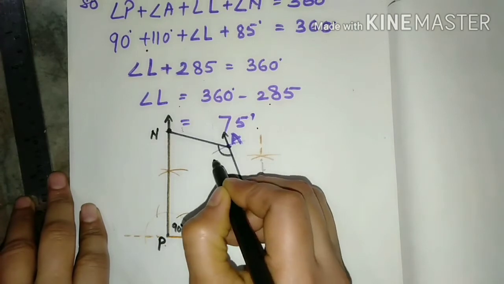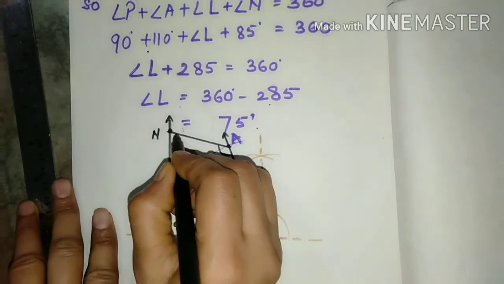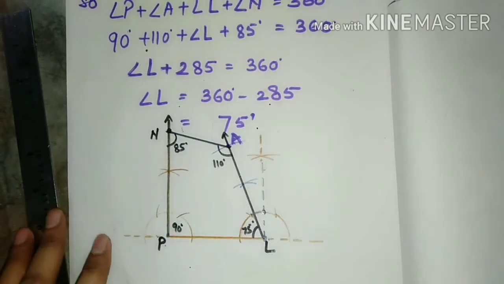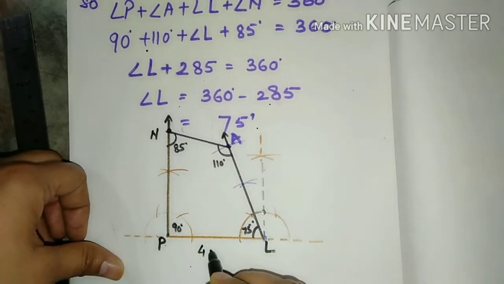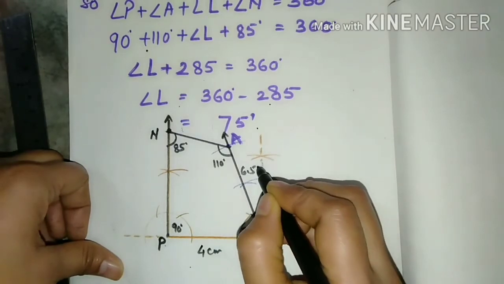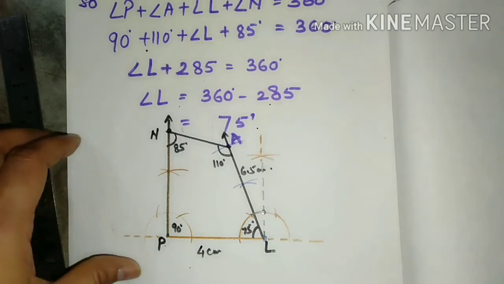At point A, 110 degrees drawn. This angle you will measure will automatically be 85 degree. So PL 4 centimeter and LA 6.5 centimeter. So your construction is complete.